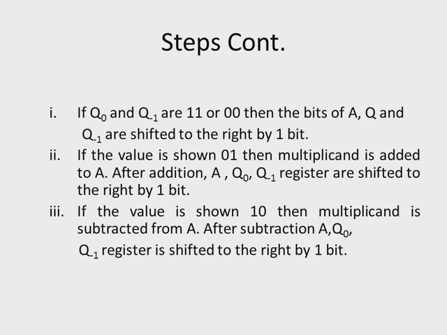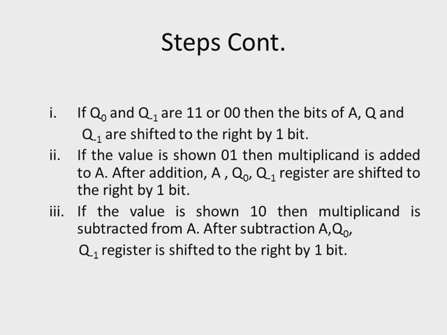The concept of the arithmetic shift right operation is that there is no change in the MSB bit. There is a loss in the LSB bit. That is, in each cycle, the value of Q minus 1 will be lost.